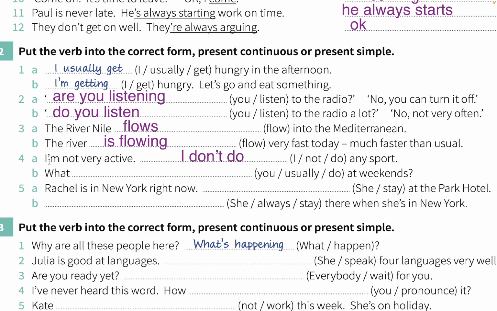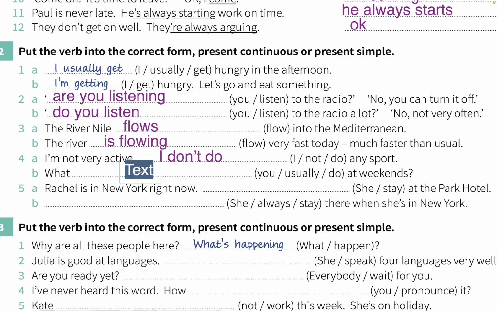If it says like I'm not very active recently, which is happening recent, you could use that I'm not doing any sport at the moment. Ya, jadi selalu lihat di the details of the sentence. Is that clear? Yeah.